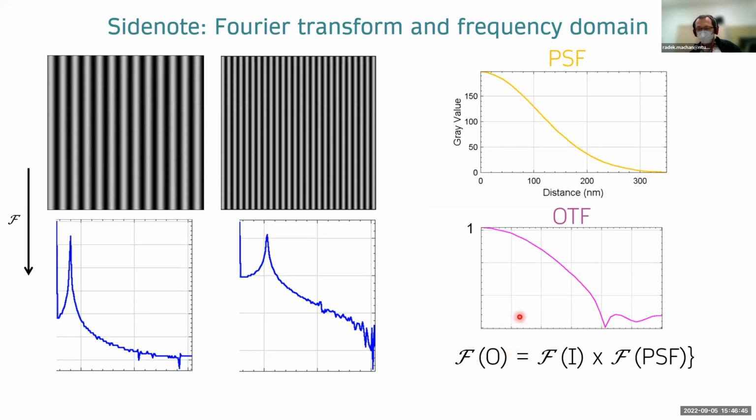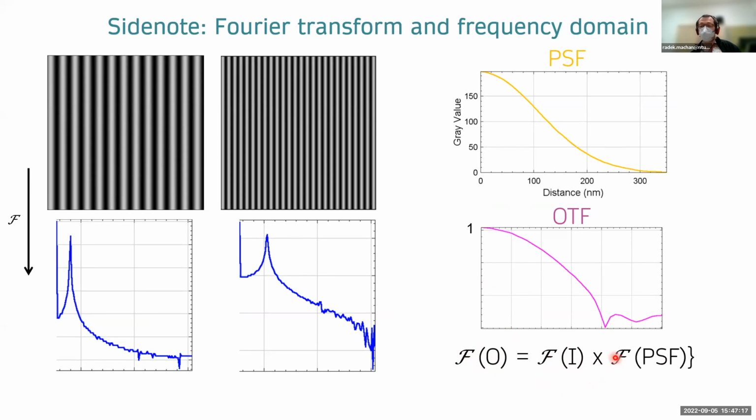And what is worth noticing here is that in the frequency domain, convolution becomes a simple product. So the Fourier transform of the observed image is the Fourier transform of the ideal image times the Fourier transform of the point spread function.